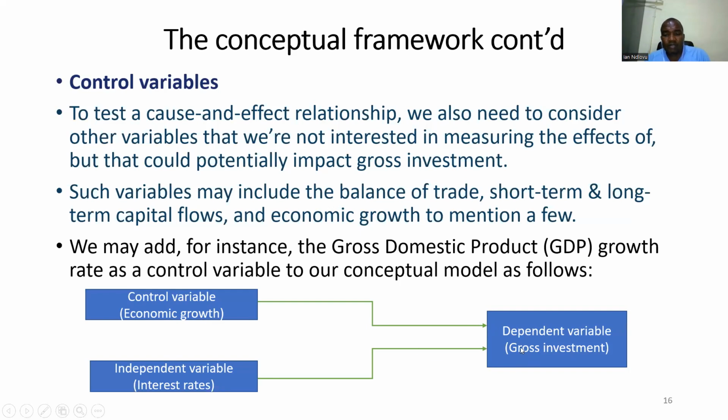Economic growth has got a definite impact on gross investment, according to the prediction of the Solow model of economic growth. But what we set out to investigate is not that. It's not the relationship between economic growth and gross investment, but rather it's the relationship between our independent variable, which is interest rates, and our dependent variable, which is gross investment.